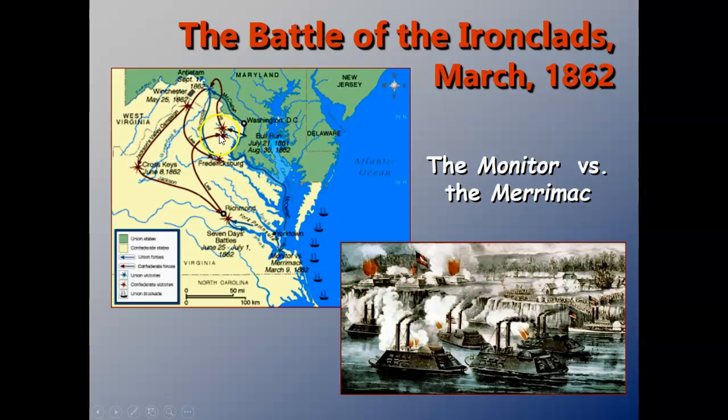Bull Run in July of 1861, and then the second Battle of Bull Run a little over a year later. So 1861 and 1862 see a lot of fighting right around this northern Virginia, Richmond area. Lee has to protect Richmond, so there's a lot of fighting in and around this area between Richmond and Washington, D.C.